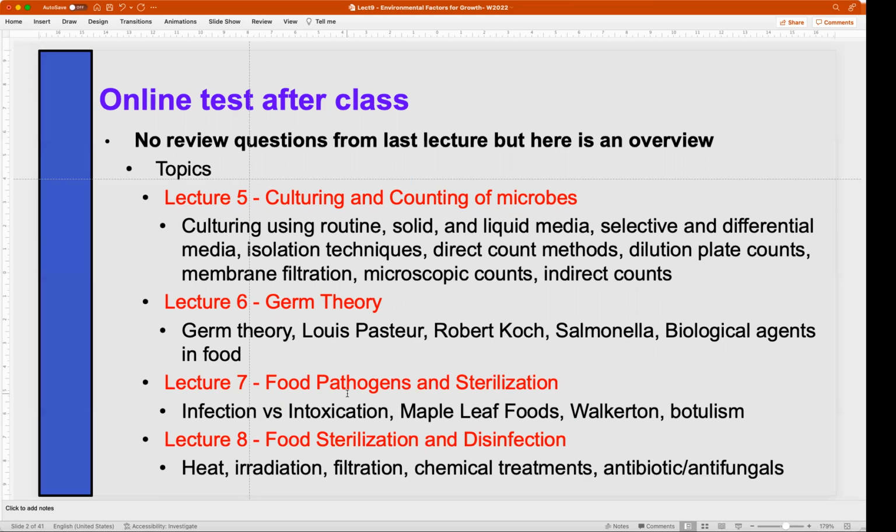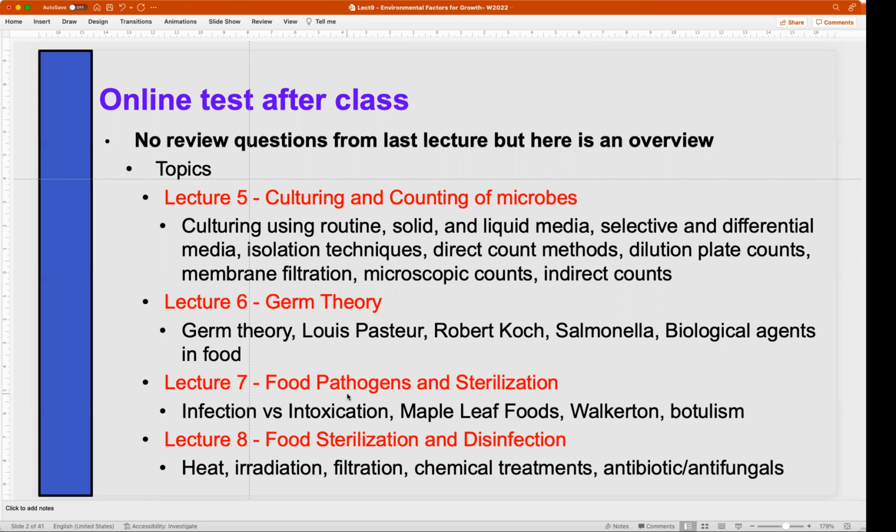The test doesn't focus too much on Maple Leaf Foods or Walkerton or even botulism, but it does ask you to recall the microbes involved in the food diseases. Remember, I gave you assignment 3 where I asked you to identify the food microbe and the disease it goes with. That's going to be on the test.